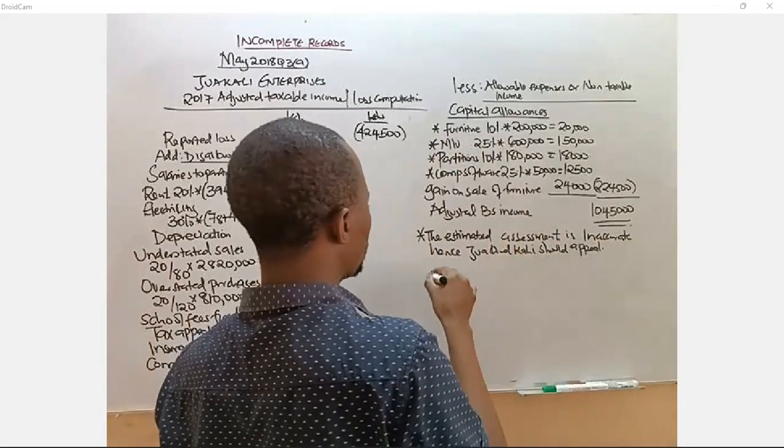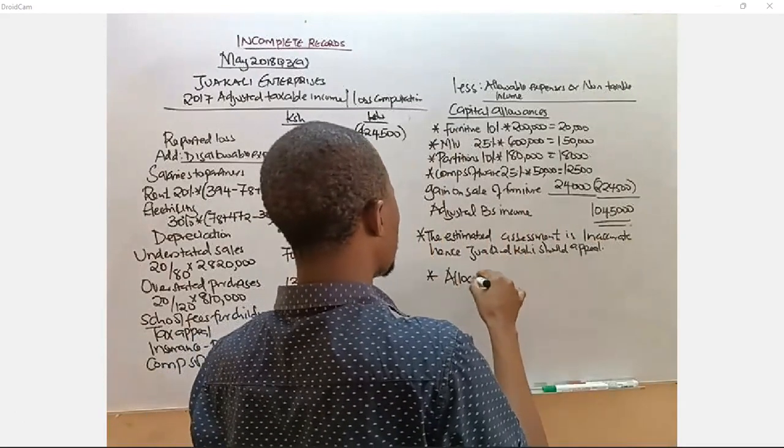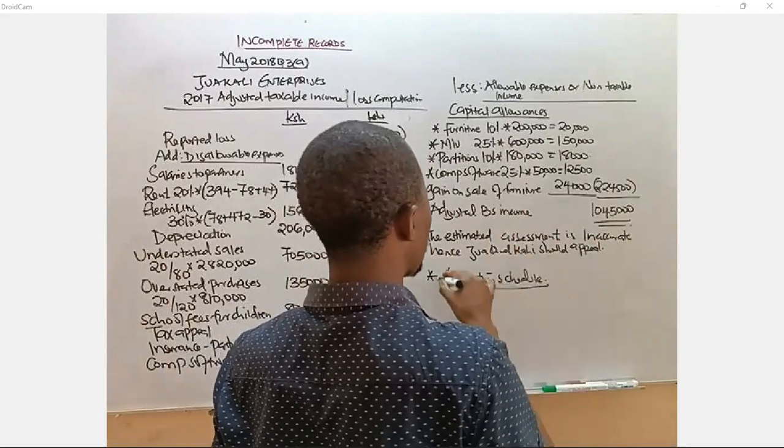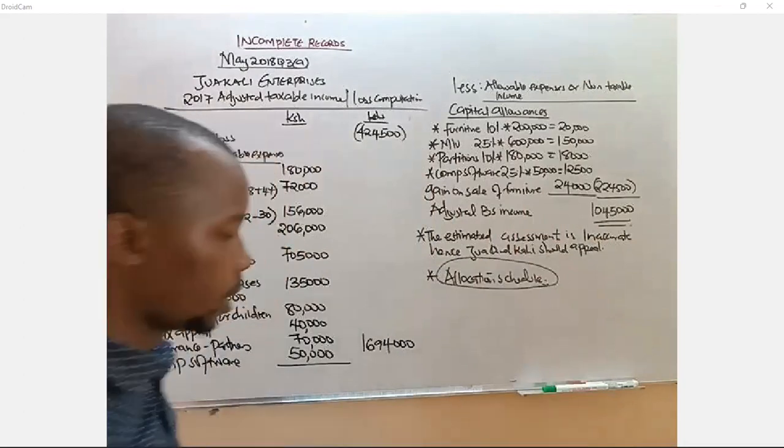So what I want you to do is go and prepare the allocation schedule for Jua and Kali.